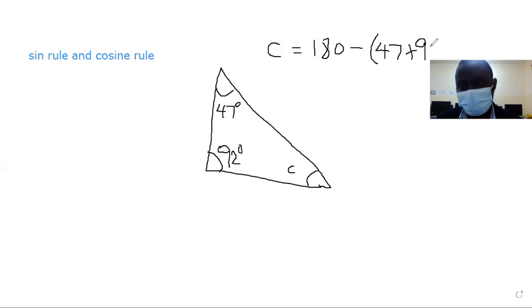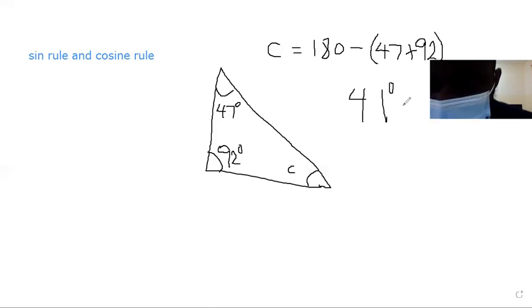Now, what is 47 plus 92? 139. So 180 minus 139 will give us 41. It means that angle C will be 41 degrees.